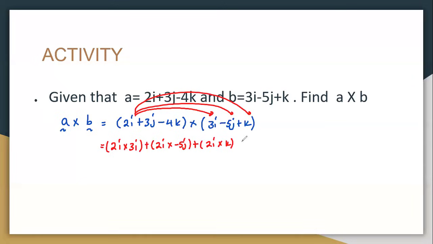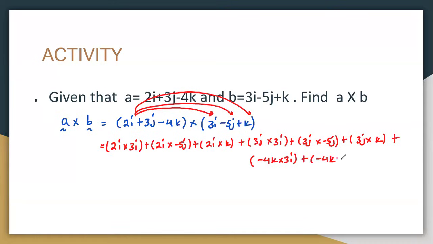Then I go to the next one, plus 3j cross 3I plus 3j cross negative 5j plus 3j cross k, plus negative 4k cross 3I plus negative 4k cross negative 5j plus negative 4k cross k.